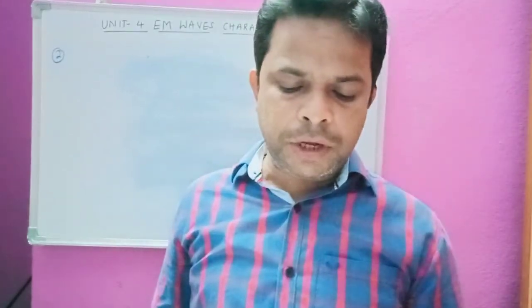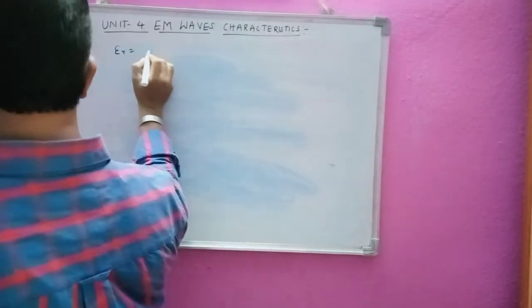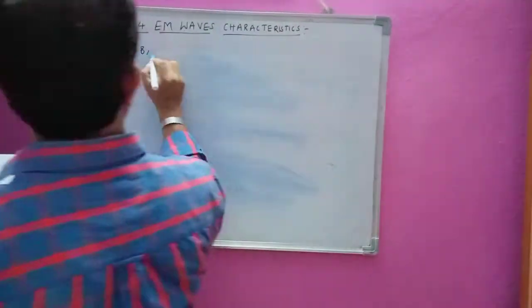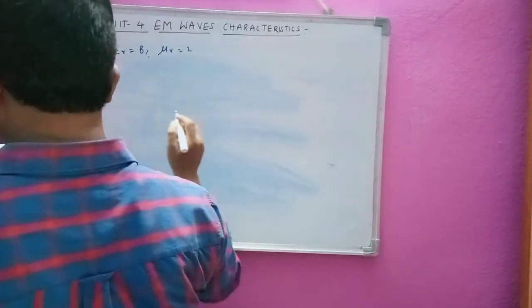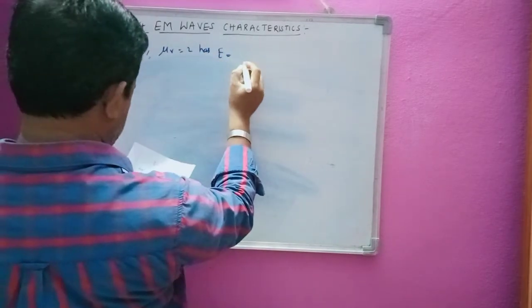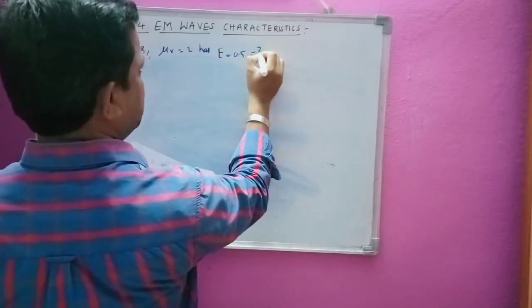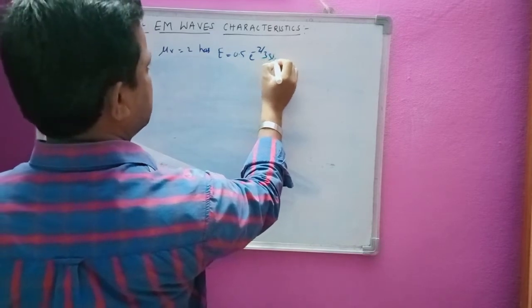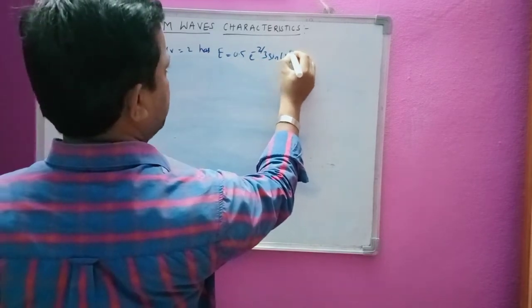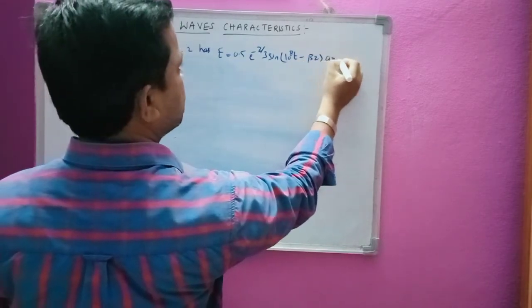A plane wave propagating through a medium with epsilon r is equal to 8 and mu r is equal to 2 has E equal to 0.5 e power minus z by 3 sin of 10 power of 8 t minus beta z ax volts per meter.